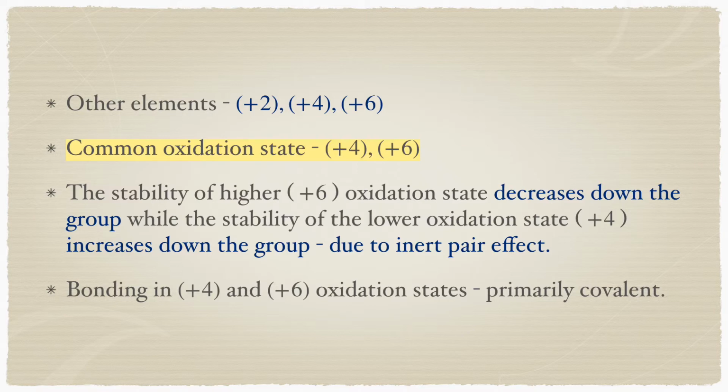What is the reason behind that? Due to the inert pair effect. Now what is the inert pair effect? Down the group, what will happen? They will have d shell. D and f shells will be there.